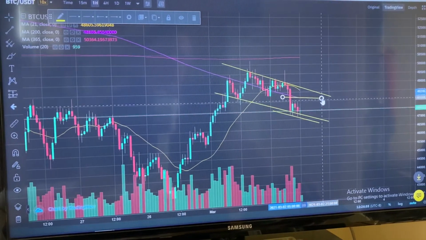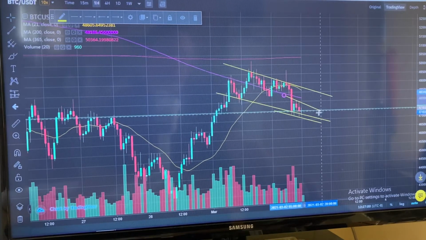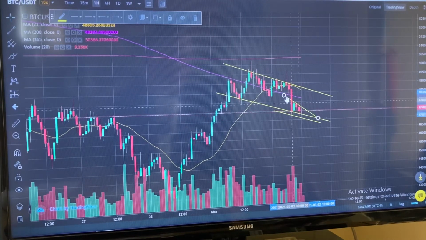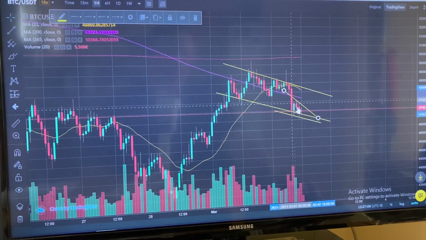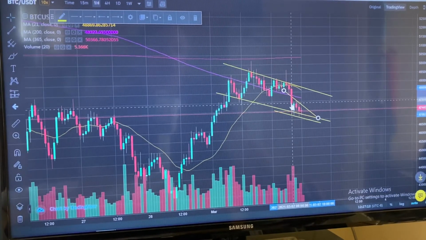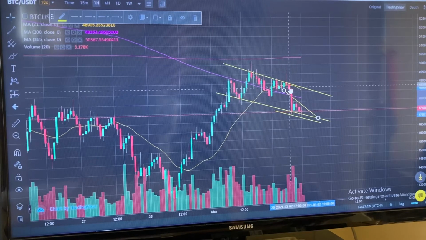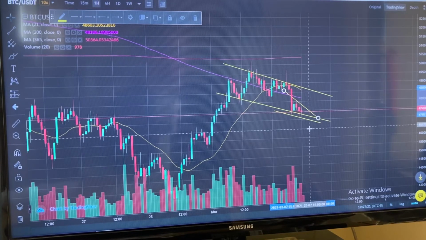Let's see, let's go down like this. It's got a wick right here. There we go. So this right here is a pennant. And these triangles, these pennants, when these are created on the downswing, this is a bear pennant. This likelihood is to go lower.